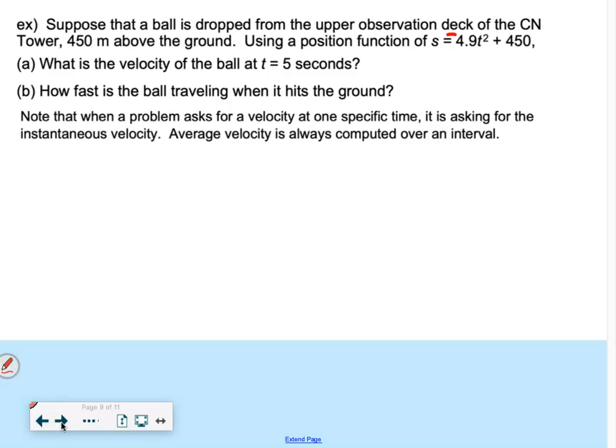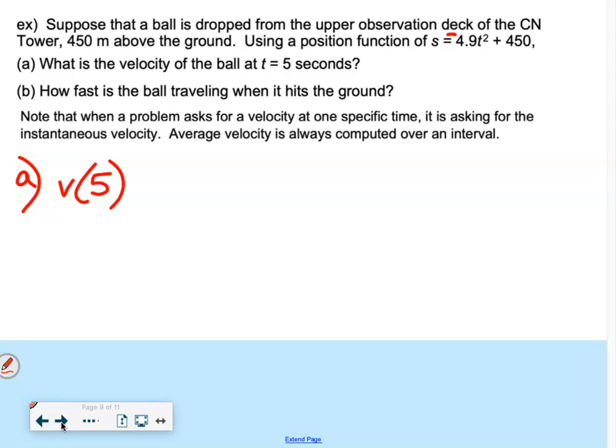So for part A, we want our instantaneous velocity, right? So we're looking for v of 5. You have two different formulas for doing it. So you have your f of b minus f of a over b minus a, or your f of a plus h minus f of a over h. Which one do you want to use?